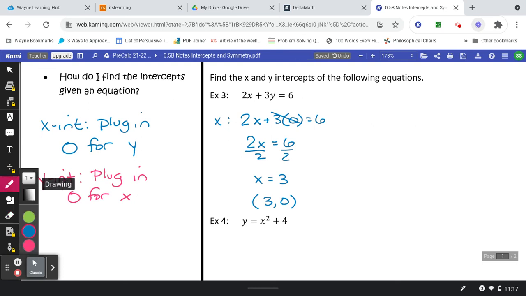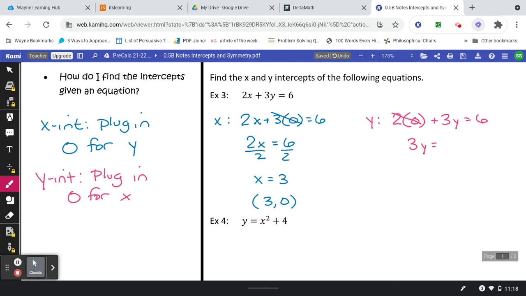All right, now for the y-intercept. We're going to plug a 0 in for the x. 2 times 0 is 0. And divide by 3. Y equals 2. Or if you need it as an ordered pair, 0, 2, with the 2 in the y position. Make sure you keep those 2 answers separate.